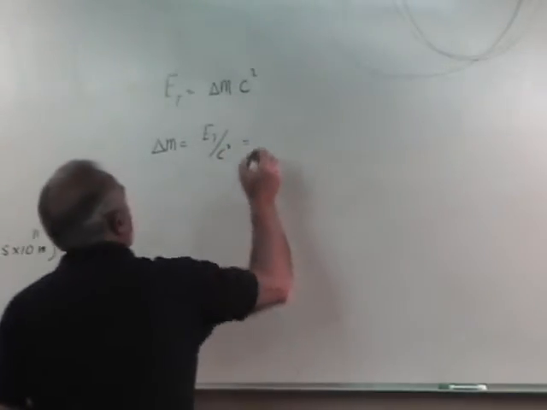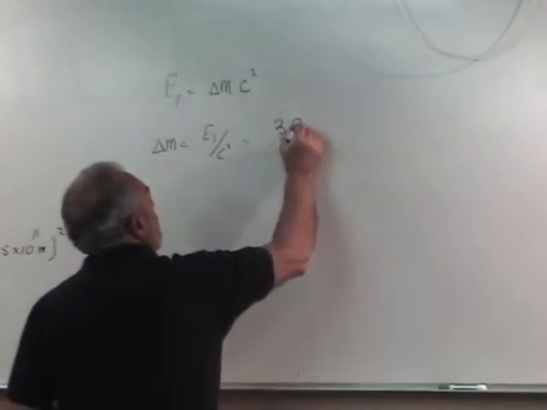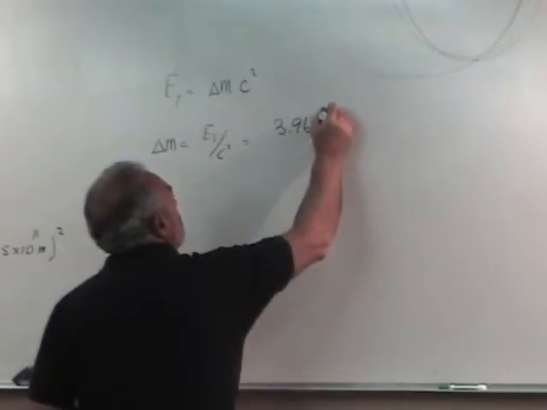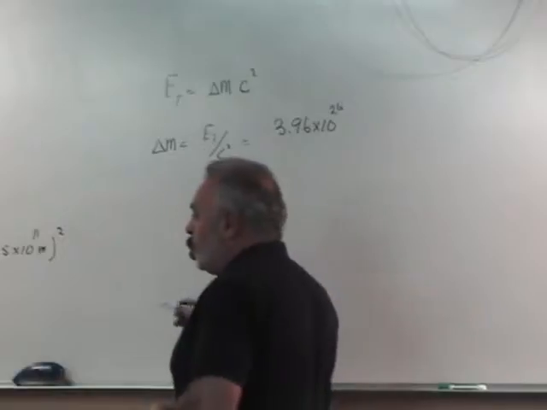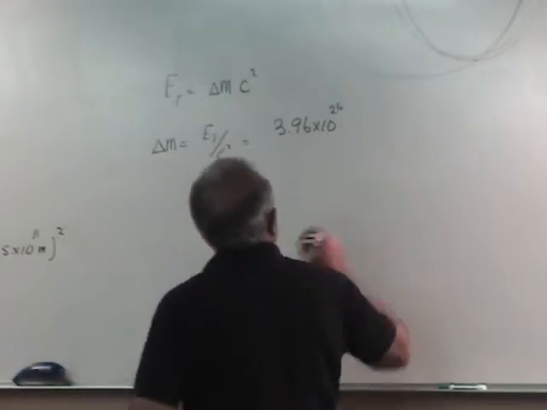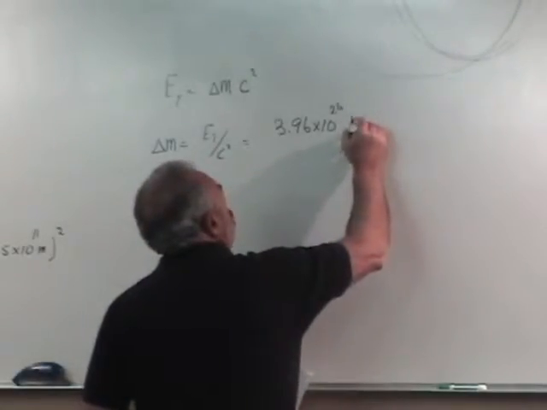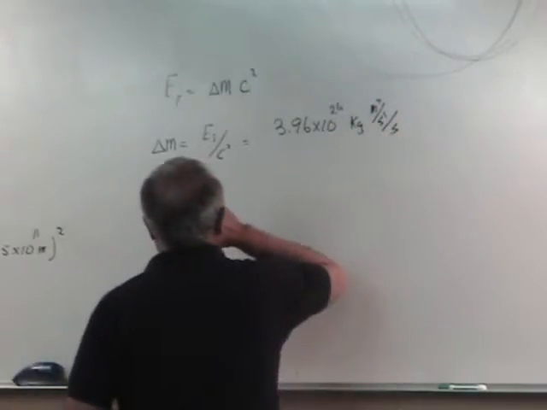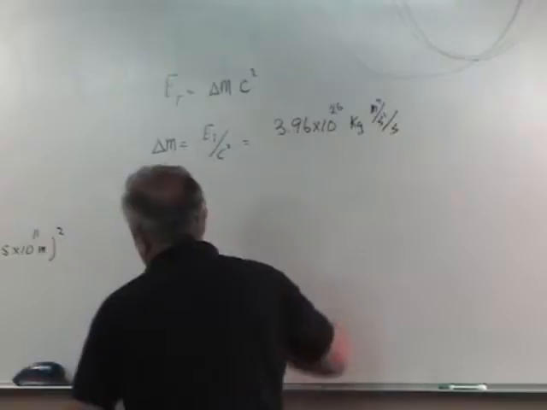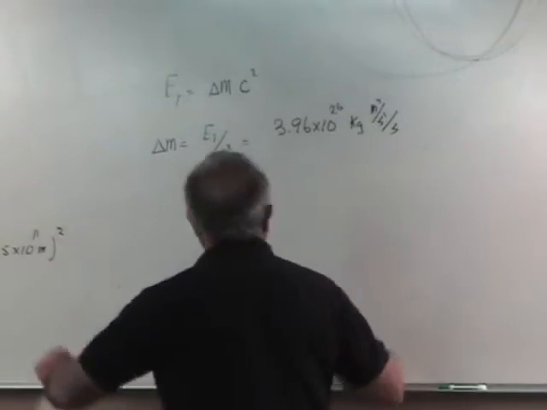And I am looking for 3.96 times 10 to the 26 watts, which is a joule per second, which is a kg meter squared per second squared per second. Oops. 26 watts is joules per second.